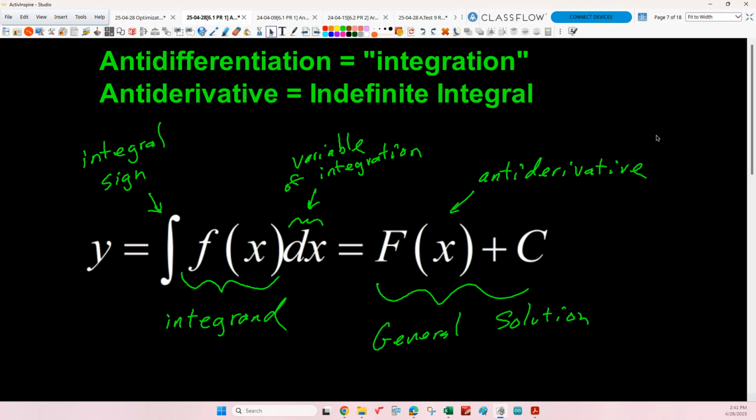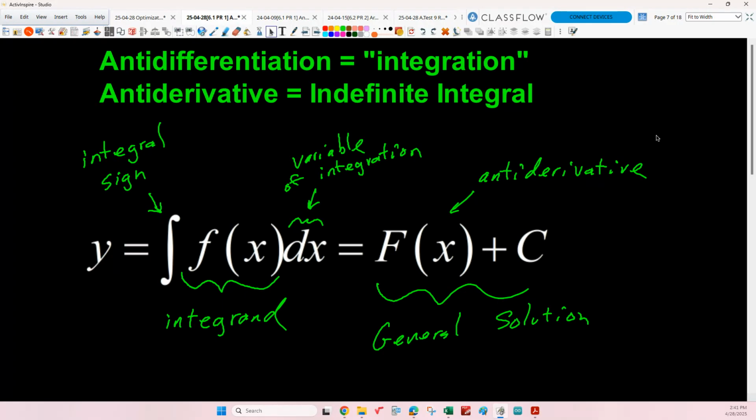Why is it the antiderivative? Because it's the thing we would have to differentiate to get little f of x, right? We're not differentiating to get from here to here. We're doing the opposite. This is the derivative. We want to figure out how do we undo that derivative process and figure out where we would have started, hence the name antiderivative. Okay?